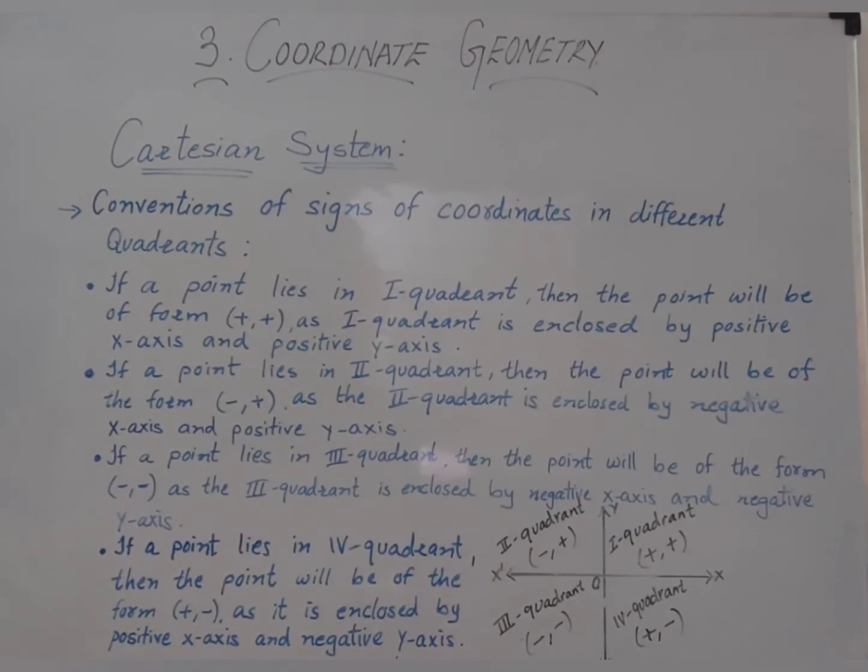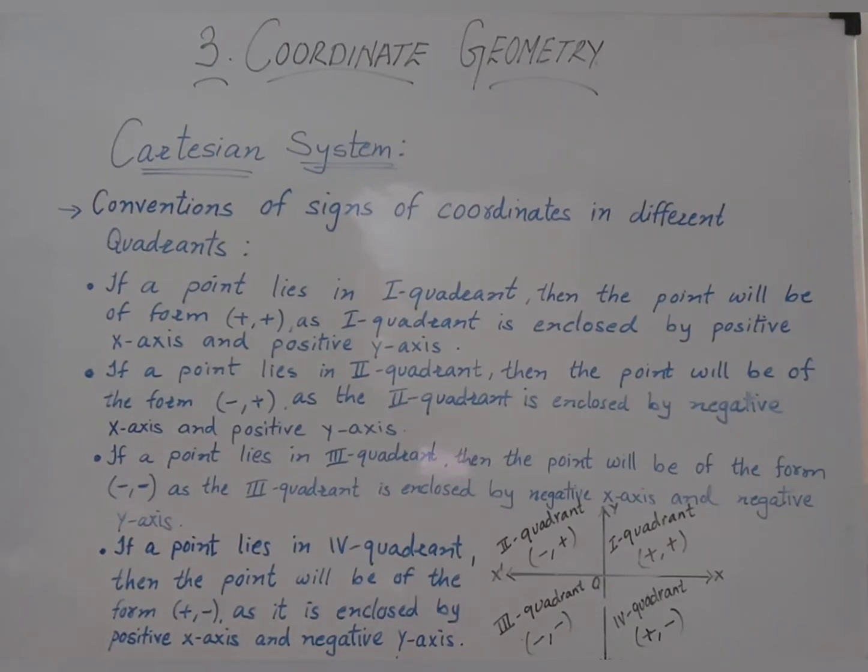Now for third quadrant, if a point lies in third quadrant, then the point will be of the form (-, -), as the third quadrant is enclosed by negative x-axis and negative y-axis. Again, if a given point is in third quadrant, then both coordinates will have the negative sign.